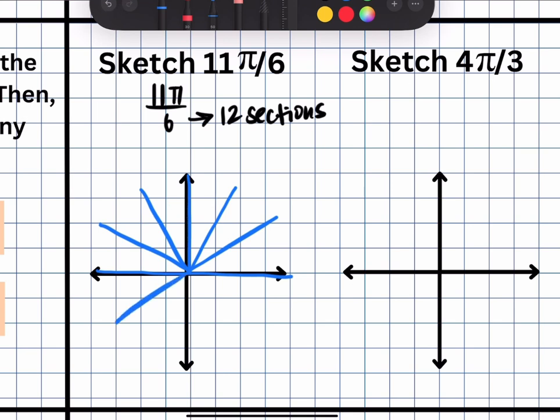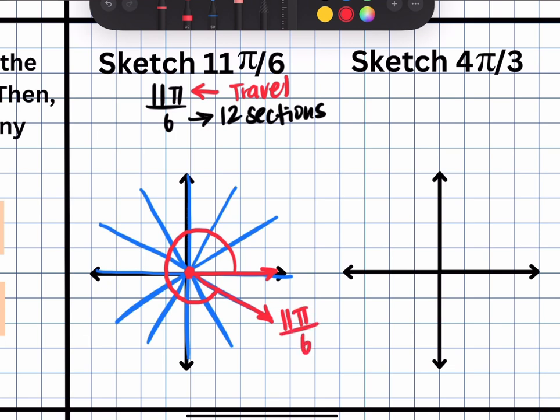And I need 6 on the bottom. Okay, there are my total of 12 sections. And out of those 12, I need to travel 11 of those sections. And this angle is positive, so I'm going to go upward in the positive direction. So here we go. 1, 2, 3, 4, 5, 6, 7, 8, 9, 10, 11. So here would be 11 pi over 6. Okay.